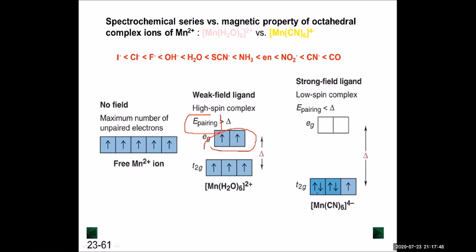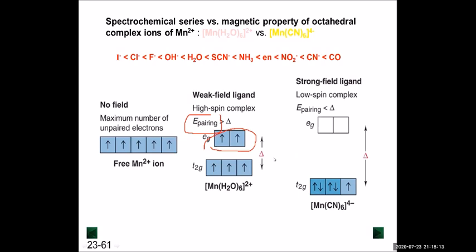So for the electrons, maintaining the pairing makes the system have lower energy. So a strong field pushes the electrons to form pairs first. A weak field allows the electrons to separate first. So that's the difference between the different ligands.